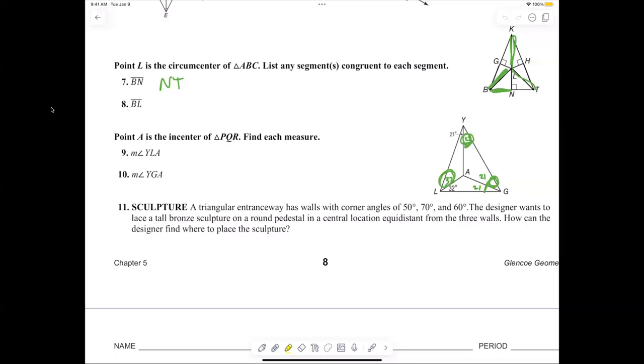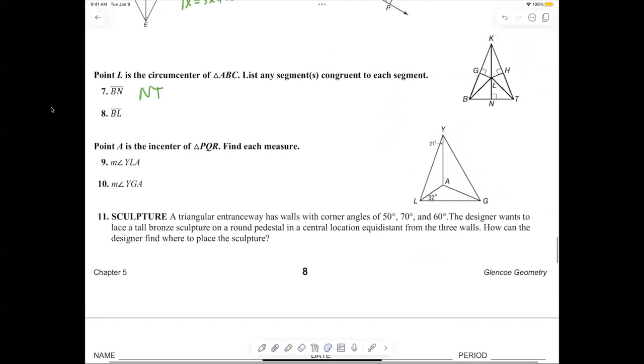All right. So with that little bit of information, what we will do now is review 7, 8, 9, 10 for a quick second. If L is the circumcenter, then BN is equal to what? BN is equal to NT. Very good. I also could ask about GB.